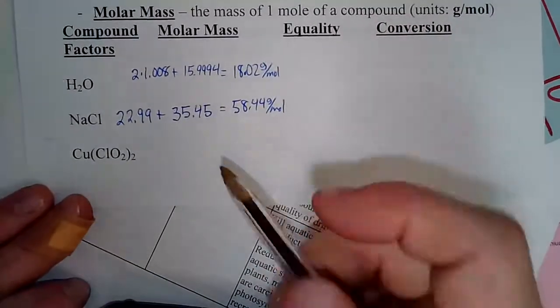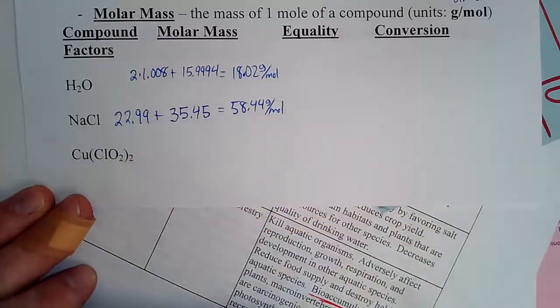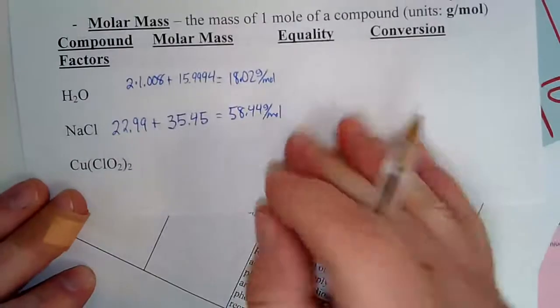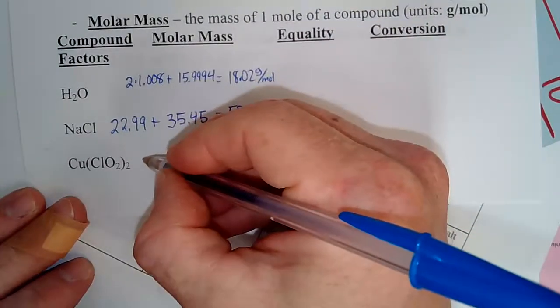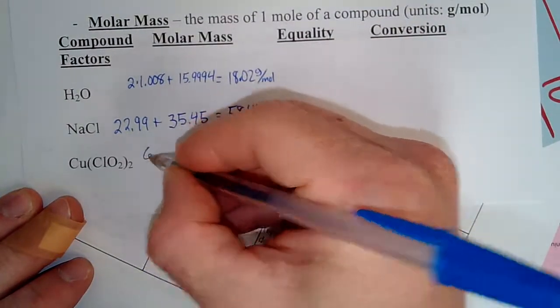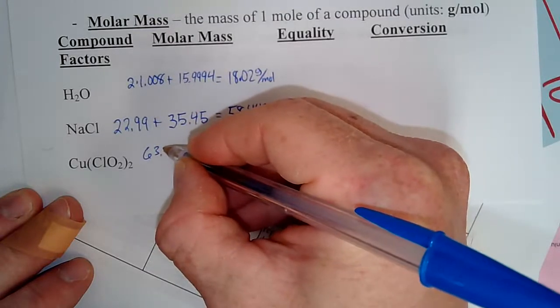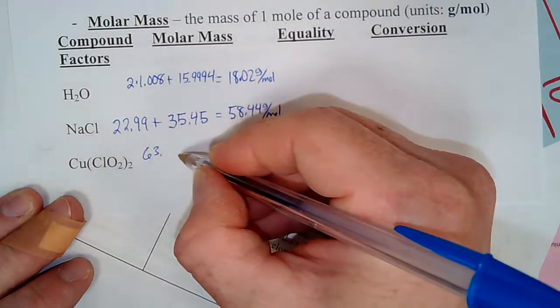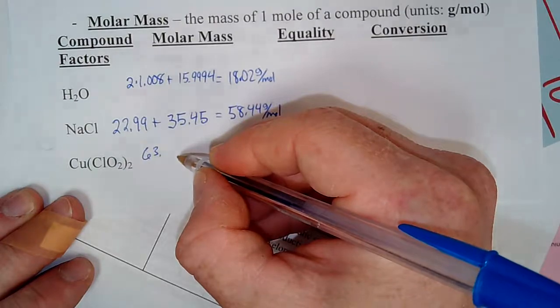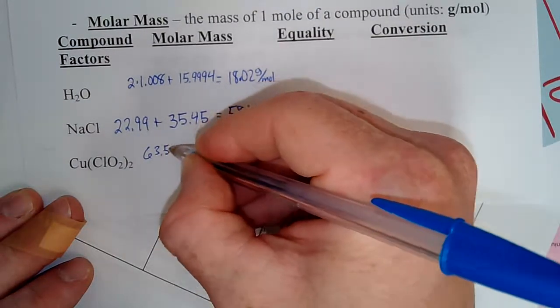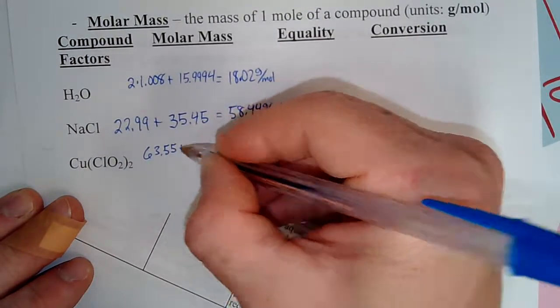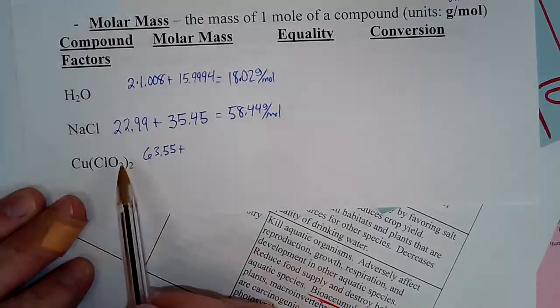All right, and then another compound, just to be aggravating, is the copper chlorite, copper 2 chlorite, give it the correct name. So here's the copper, 63 point, what is it? 55. Now, this is kind of tricky.